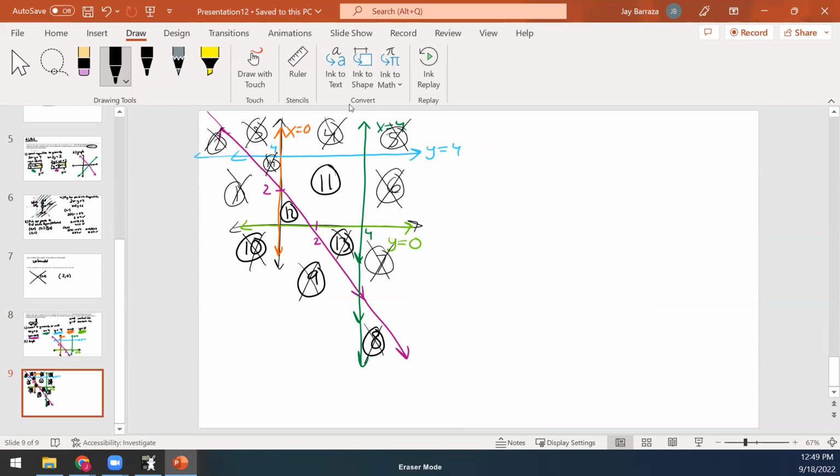So actually, let me not erase these ones just yet. So the only ones that actually have a chance are 4, 5, 6, 11, 12. These 5 right there, okay? Right now, these are the only ones that actually have a chance because they don't break the very first 2 rules that they have to be positive, okay?